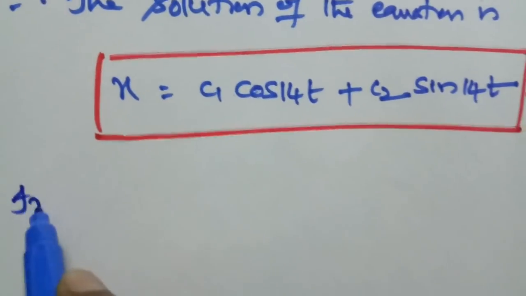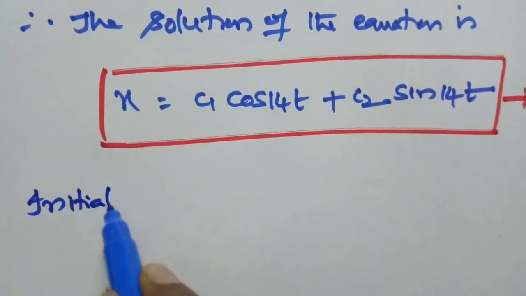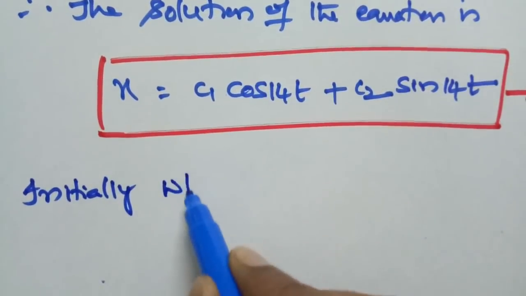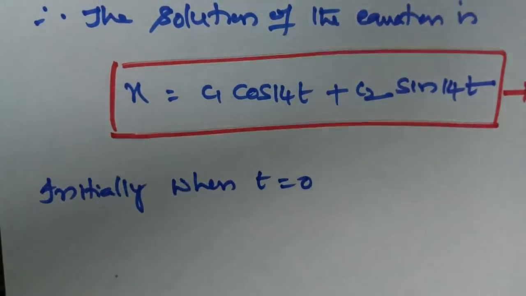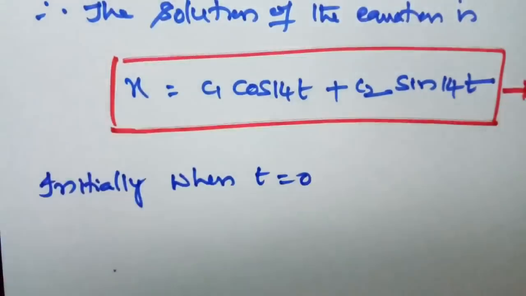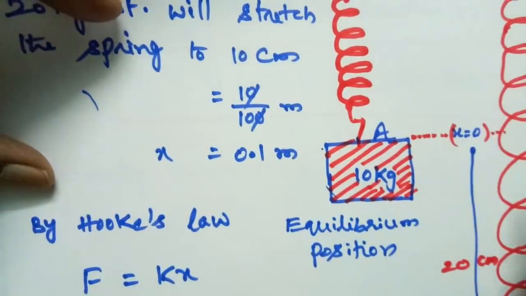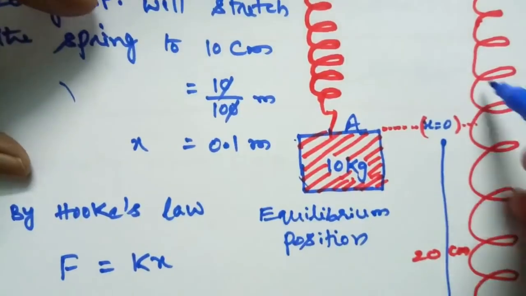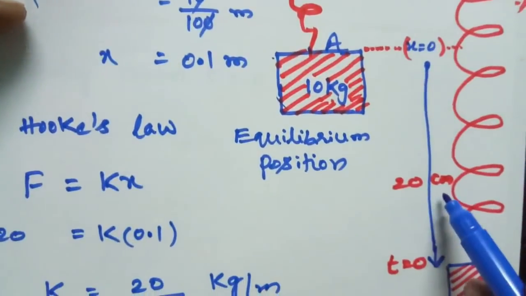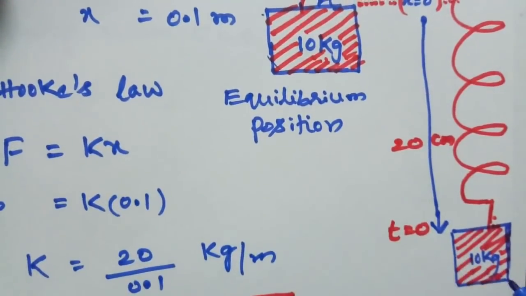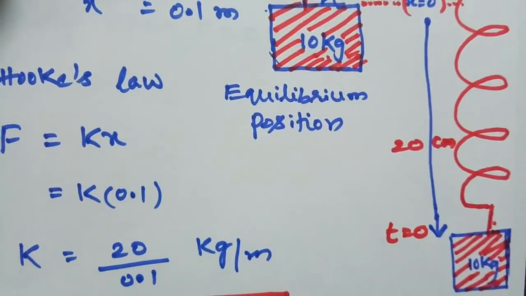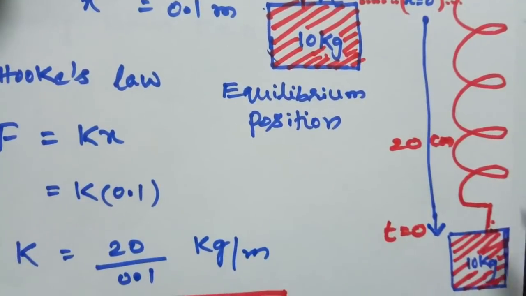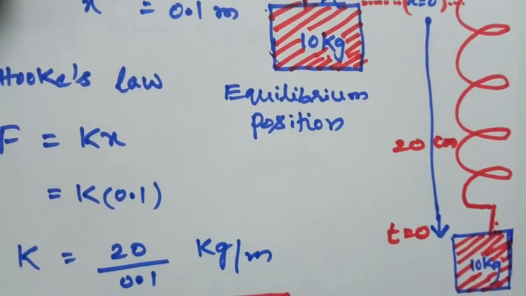Initially, when time t equal to 0, in the problem it is given that below the equilibrium position the body is pulled down to 20 centimeters and then released at time t equal to 0. Therefore, we have to find the displacement after t seconds.